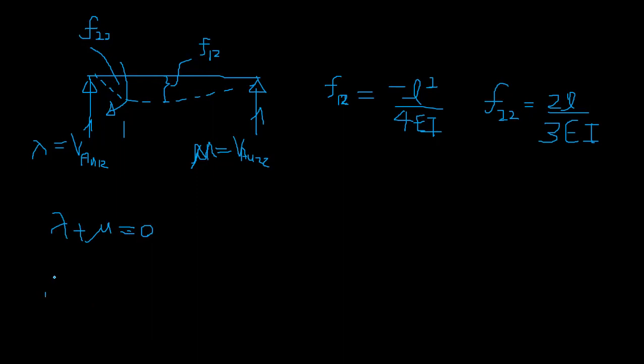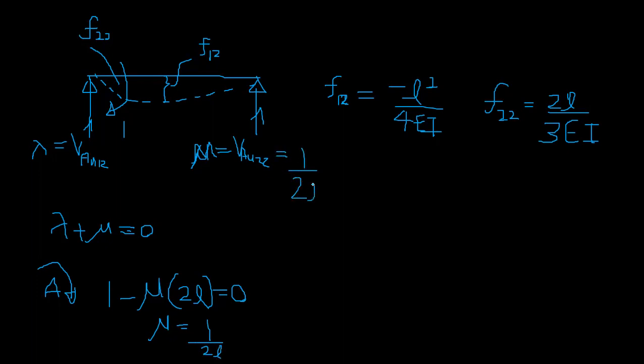If I take moments about A, lambda is not coming, mu is coming. Clockwise positive, 1 moment is here, and this is anti-clockwise, mu into 2L. So that means mu is 1 over 2L. But the addition of these two is 0, so that means this is minus 1 over 2L, right?